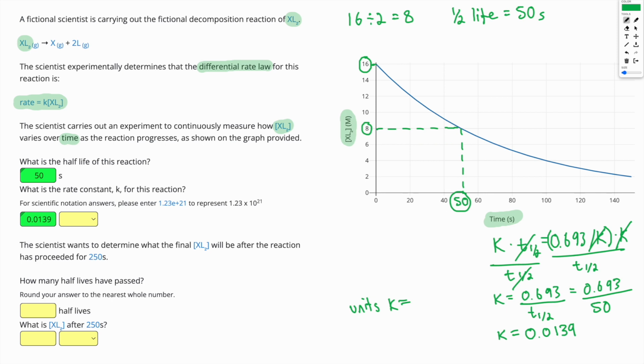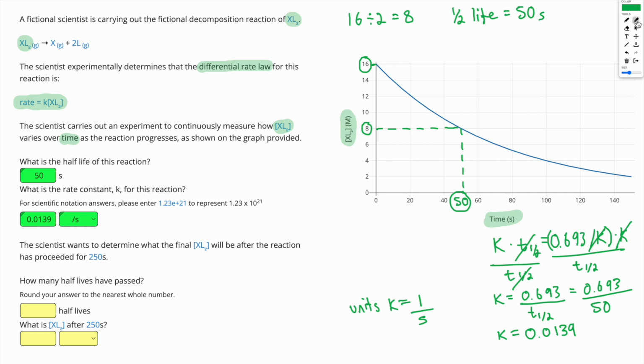It doesn't have a unit, so that'll be 1, divided by T half, which is in seconds. So that's 1 over seconds, or per second. So our unit is going to be per second for the rate constant here. And that's going to be true for all the questions in this skill because they're all about first order reactions.